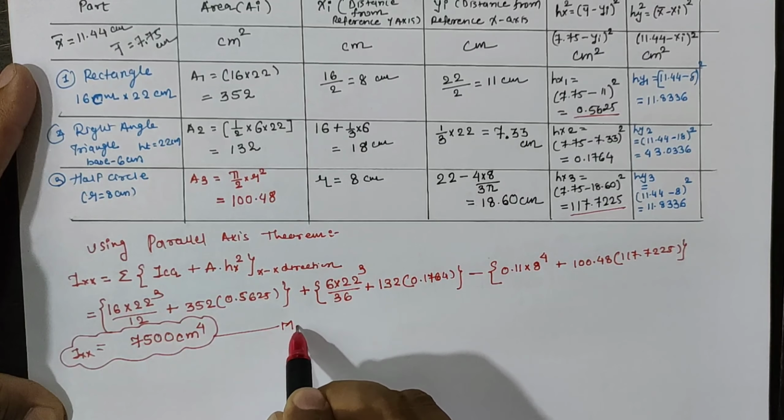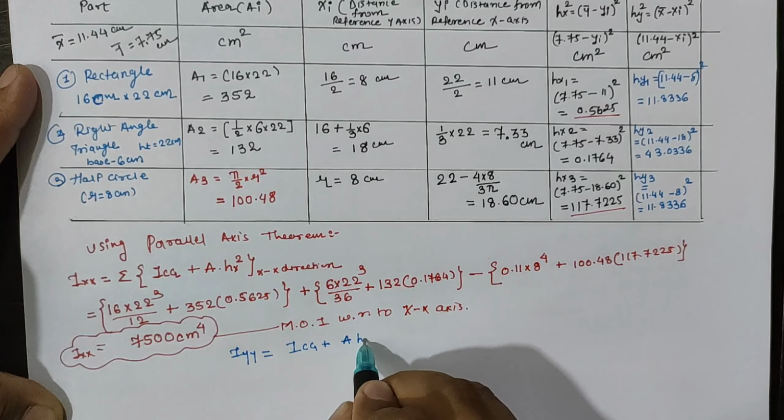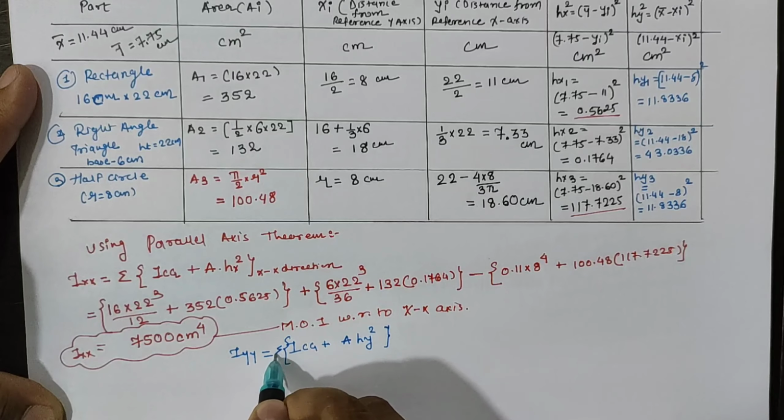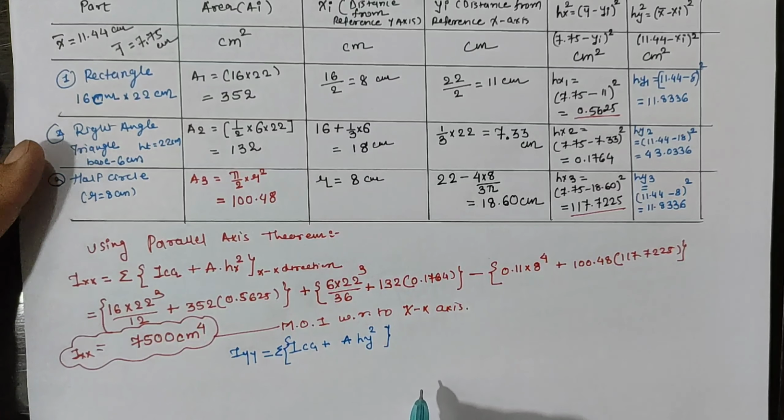Similarly, if we go through the y-y axis, we have Iyy equal to Icg plus A, and instead of hx it is hy square, and we have to calculate this as an algebraic summation of all the parts.